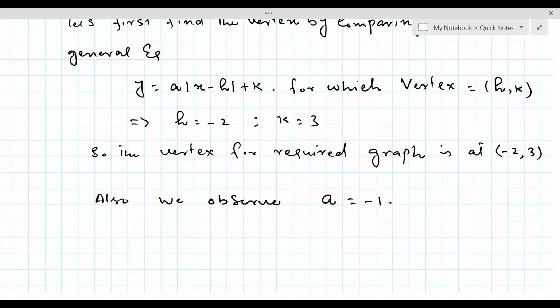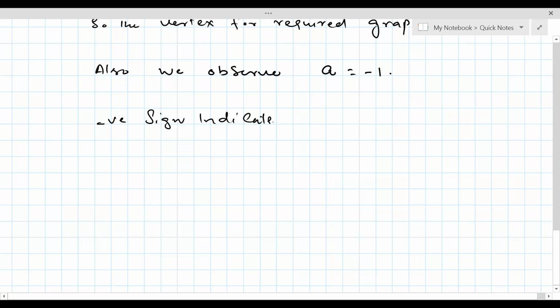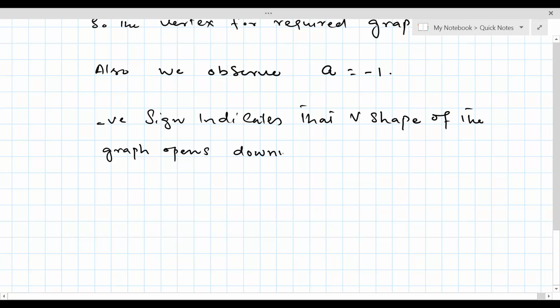The negative sign indicates that the V shape of the graph opens downward.